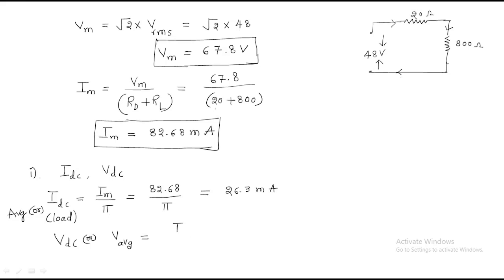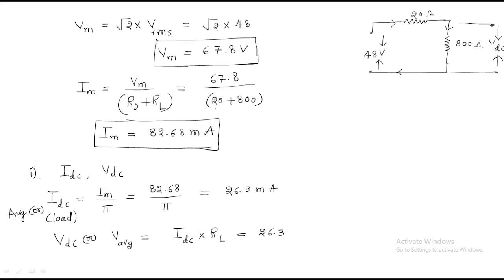So DC voltage equals simply IDC into RL. The output voltage we can find as IDC into RL. By doing this, with 26.3 milliamps, we get the VDC value.